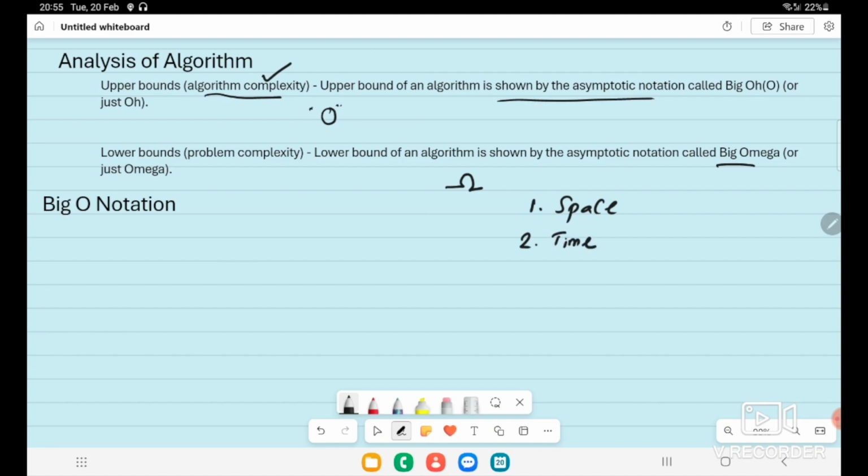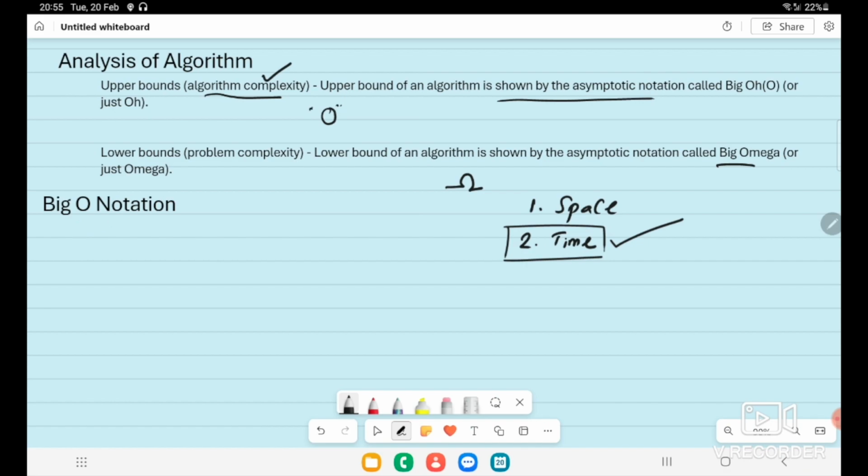Of these two, usually we are very much concerned about the time complexity, because in all systems we need the result as soon as possible. So usually we are interested in finding the time complexity. Both space and time complexity are denoted in order of big O notation.